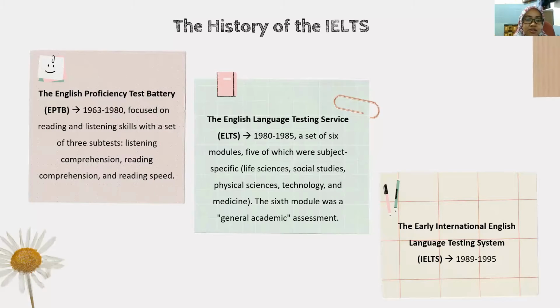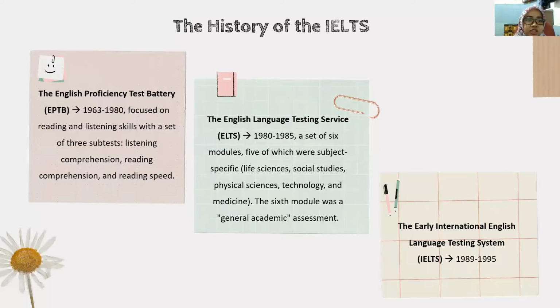The 6th module was a general academic assessment. During 1980 to 1985, the number of test takers did not increase significantly because of logistical problems, and the development also lacked international input.